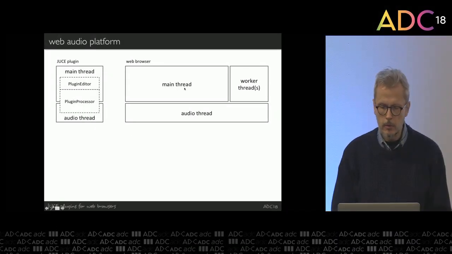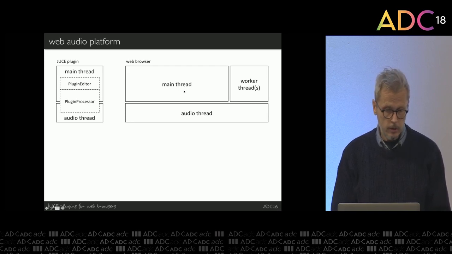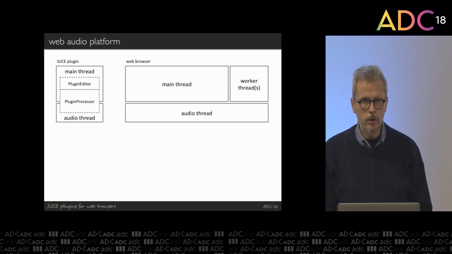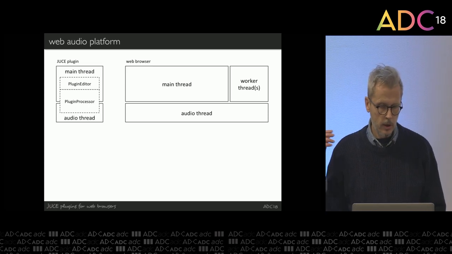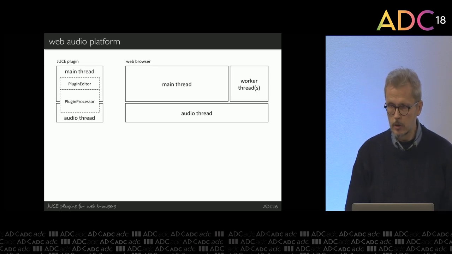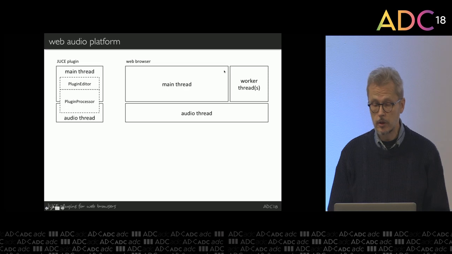Traditionally, browsers only had a single thread, which was the main thread. Everything was running there. But with the latest Web Audio API additions, some browsers now offer access to the audio thread as well. So the DSP can be run in that thread. And in addition, there are things called worker threads. There can be, I don't know actually if it's limited, a substantial number of worker threads per web page.